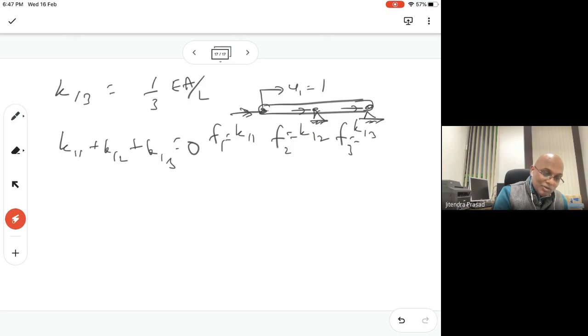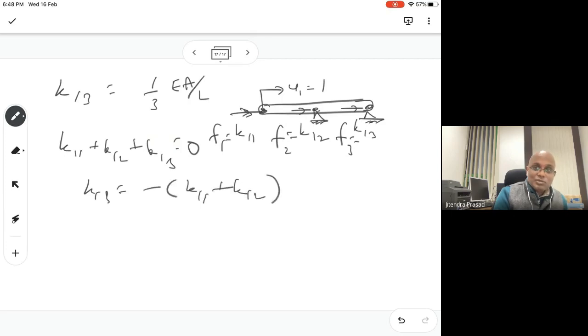Since all these forces, K11 force, K12 force, K13 force, must sum to 0, if you remember chapter number 2, you can determine K11 and K12, and K13 has to be minus of K11 plus K12. That way you find this will be 1 over 3 EA over L.